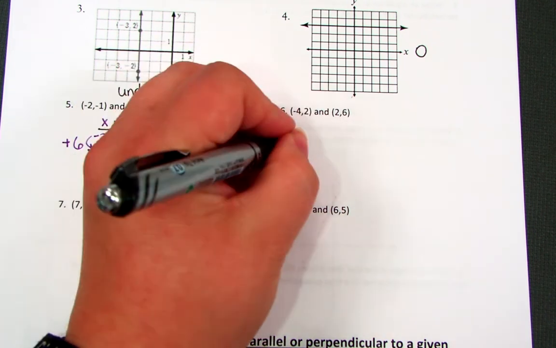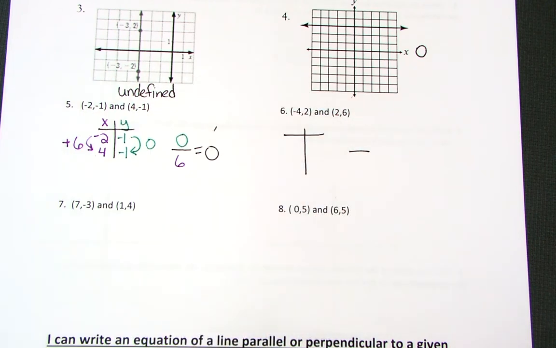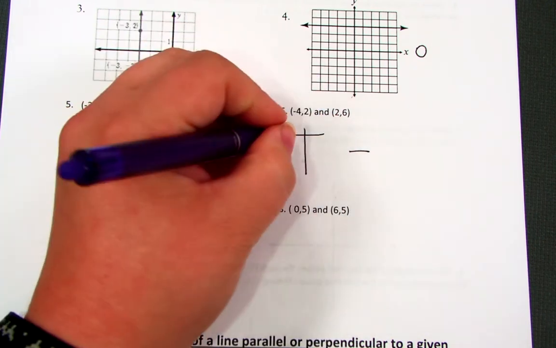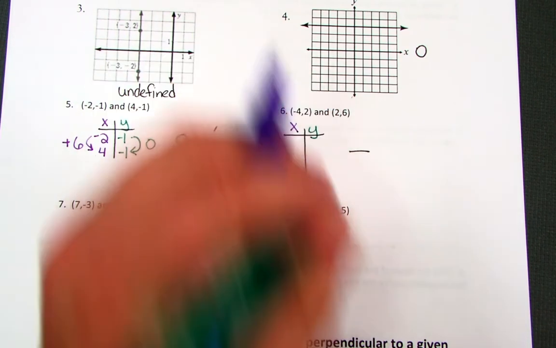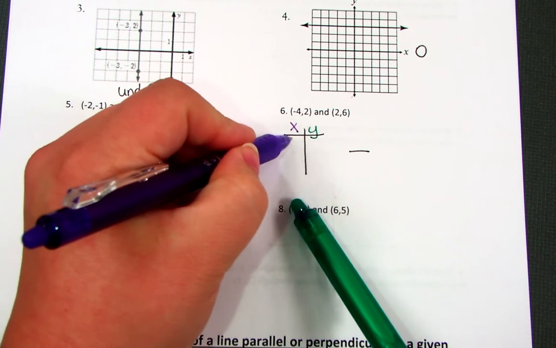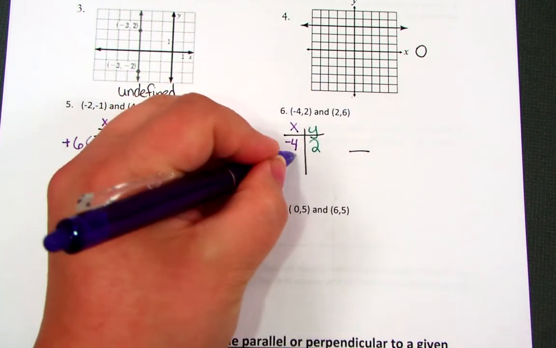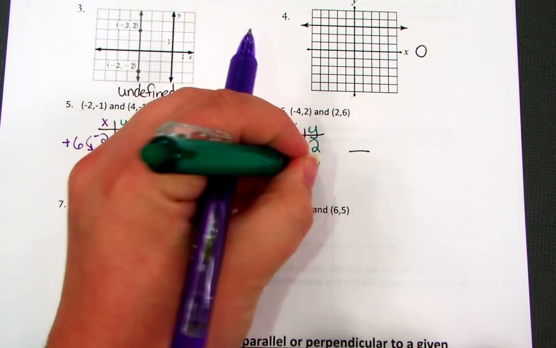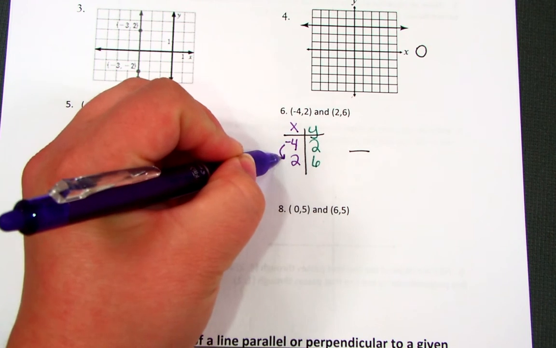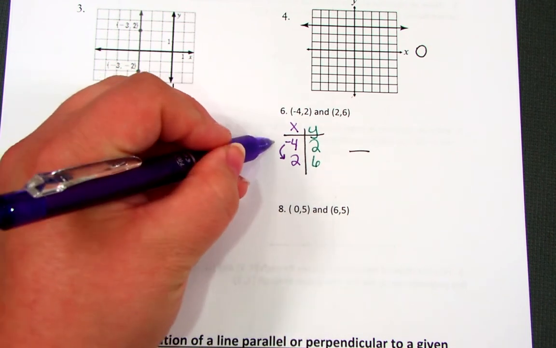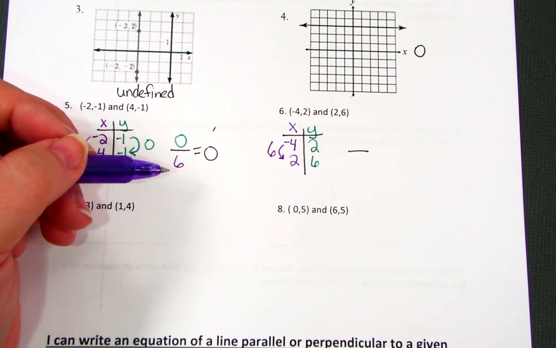Let's take a look at the next one. Here's my little T-chart. I know I'm going to have a fraction in the end, so I'll go ahead and take one step out here. X and Y. The first point, I have an X value and a Y value. X value, Y value. How do I get from -4 to 2? I go up 6. And I realized when I was working these out, I happened to get 6 a lot.